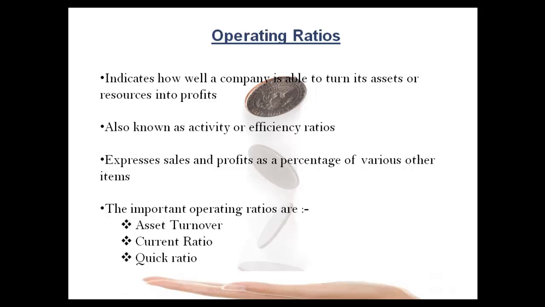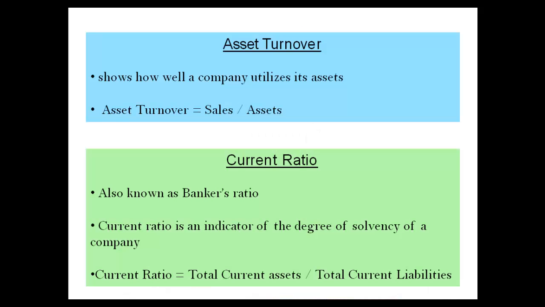As with profitability ratios, let us look at each of these briefly. Asset turnover. It shows how well a company utilizes its assets. Asset turnover can be calculated by dividing sales by assets.